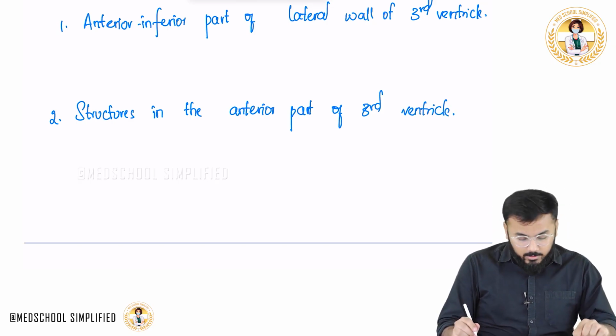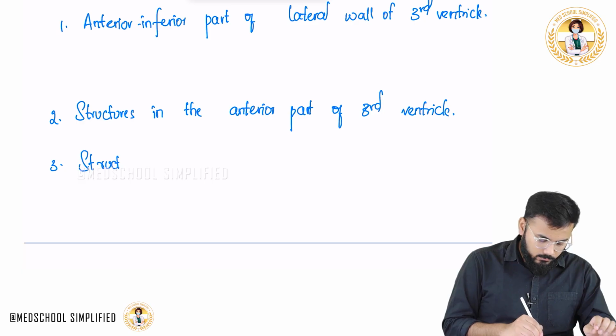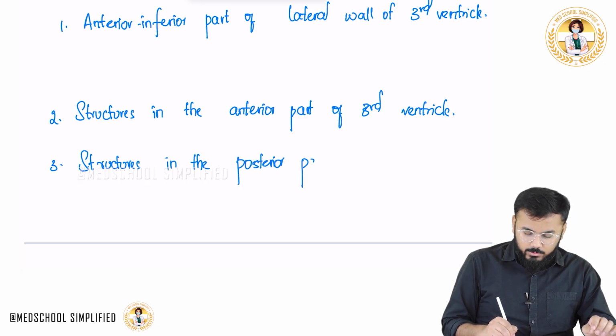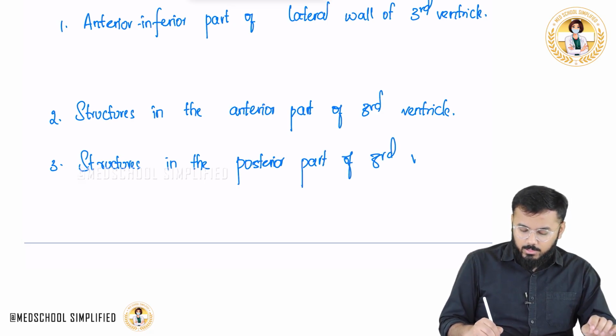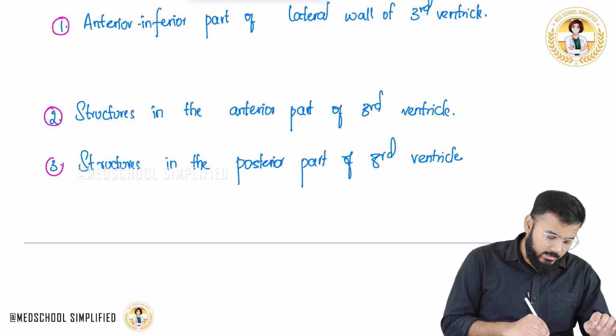And after that we shall discuss what are the structures present in the posterior part of the third ventricle. So these are the three important things we shall be discussing under this topic.